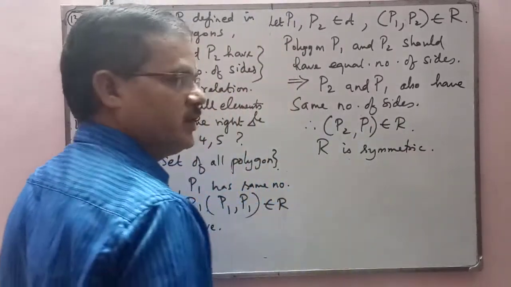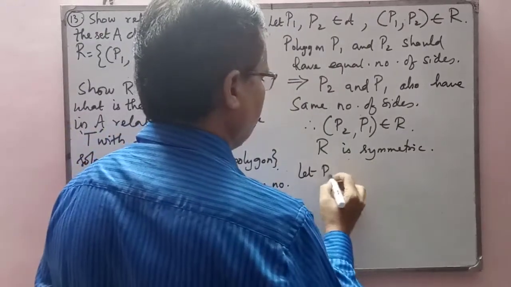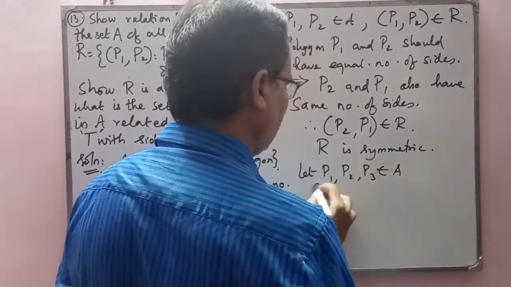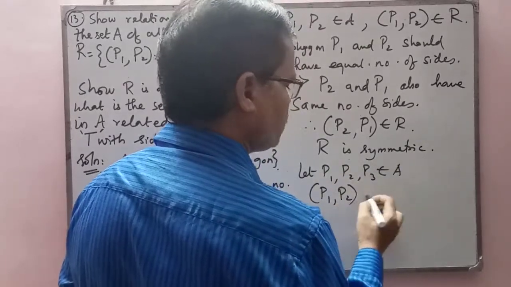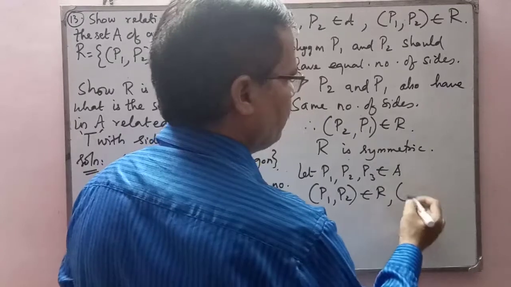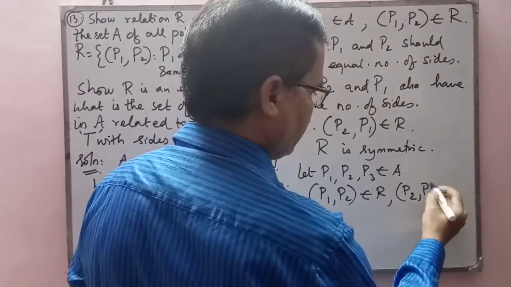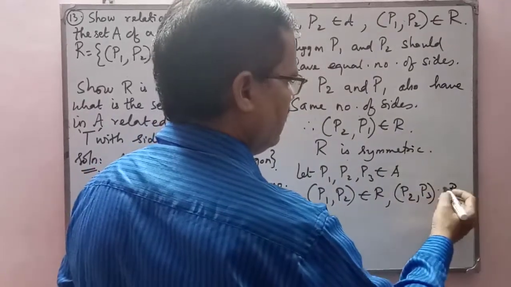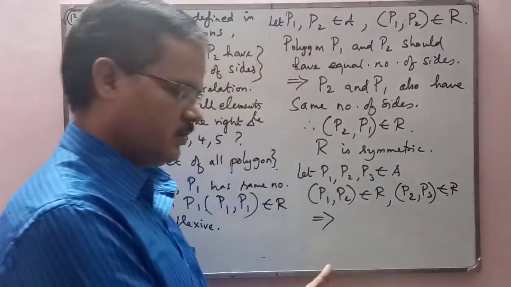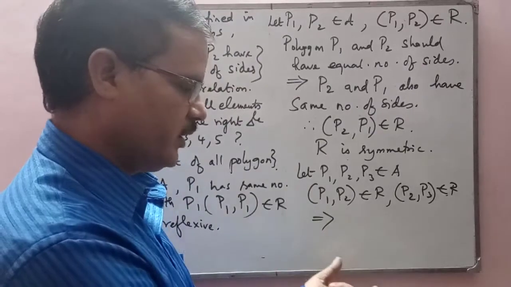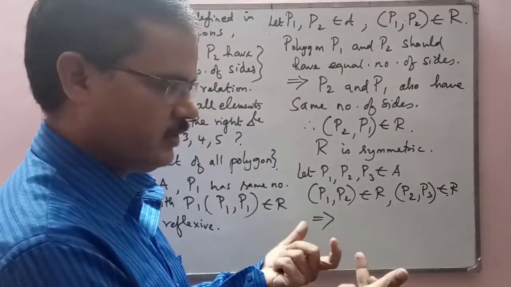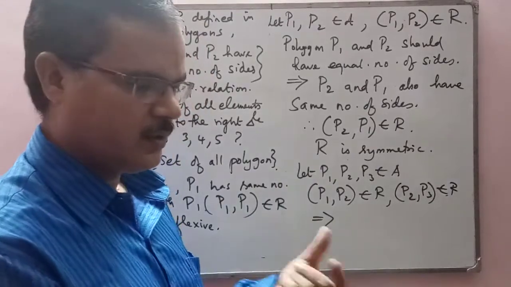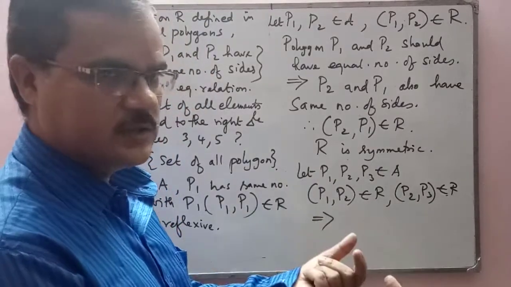Now, transitive: you have to take 3 polygons. Let P1, P2, P3 belong to A such that P1 and P2 have an equal number of sides, and P2 and P3 have an equal number of sides. I have taken 2 triangles with 3 sides, and said they have an equal number of sides. Then I leave P1. Now I have P2. I take another triangle and compare, and say P2 and P3 have 3 sides.